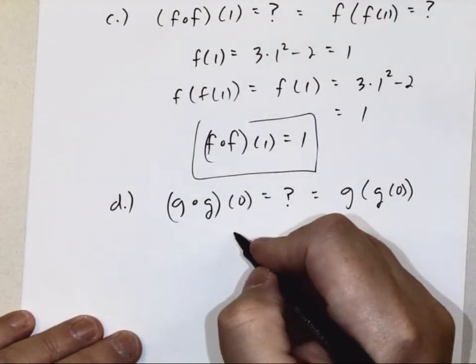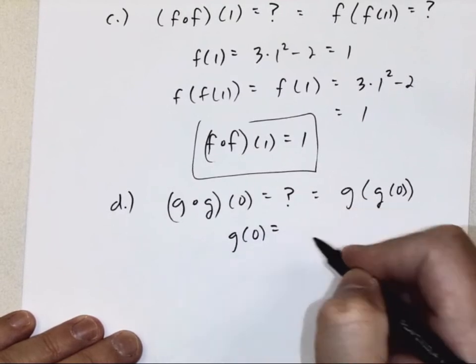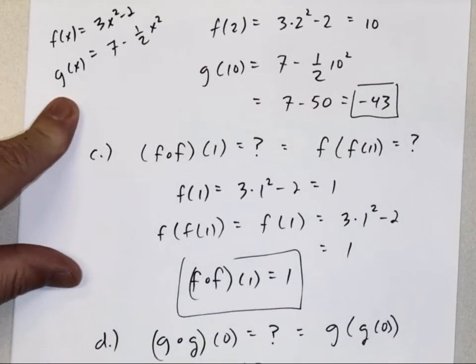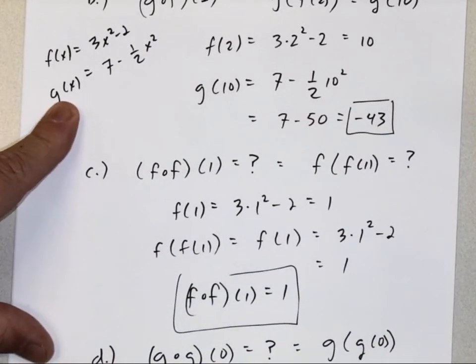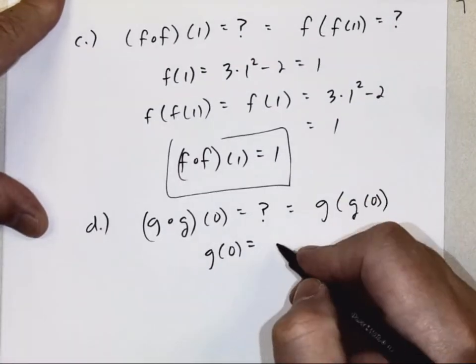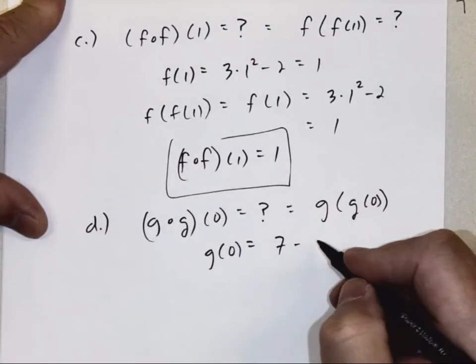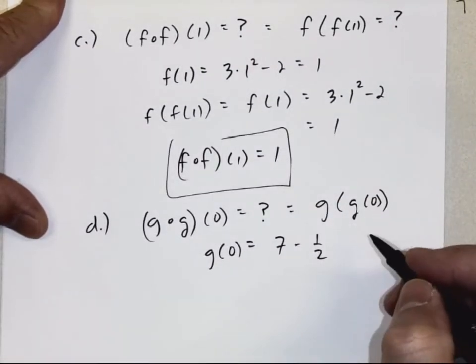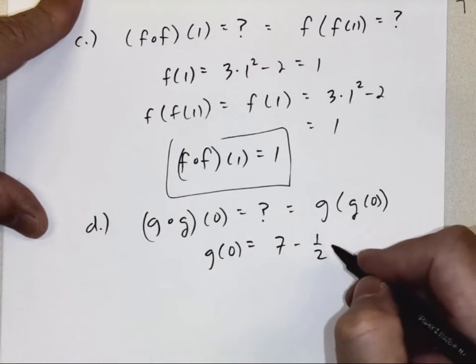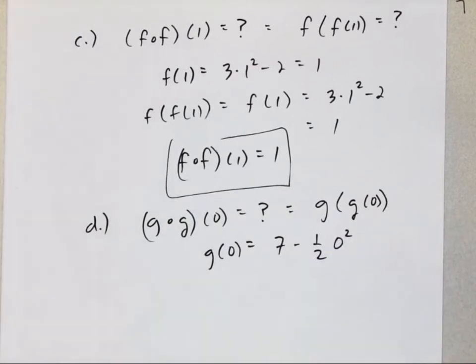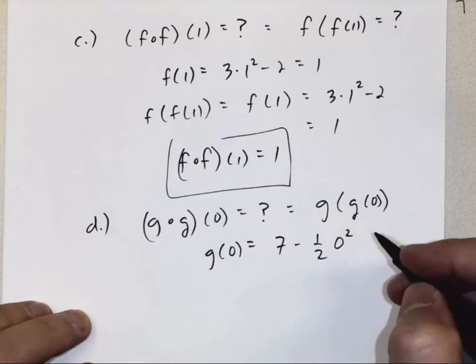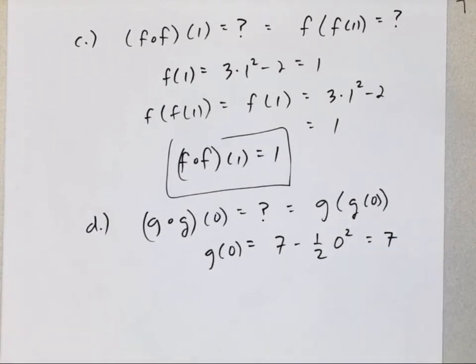Let's go figure out what g of 0 is. Here's my g equation. I plug a 0 in for x, even though you can't see the equation. 7 minus 1/2 times 0 squared, which is going to be 7.